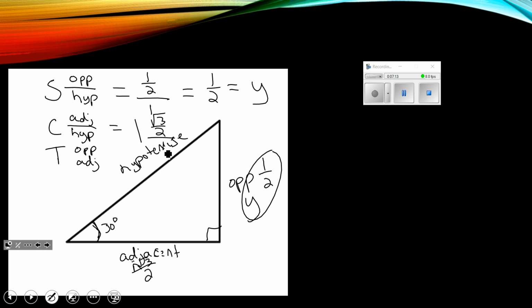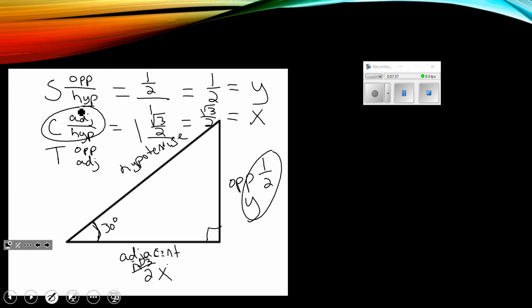So anything divided by 1 is just square root of 3 over 2. And is this the x coordinate or the y coordinate? This is the x coordinate. So you're telling me right now that your cosine is equal to your x. Which is what I just told you. I'm just telling you this is why it is that.